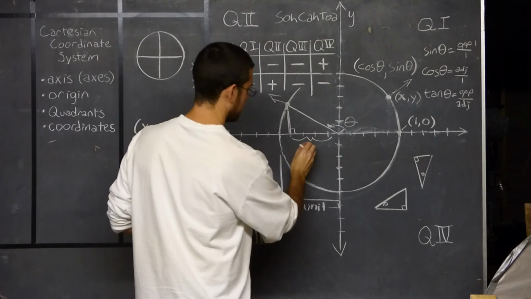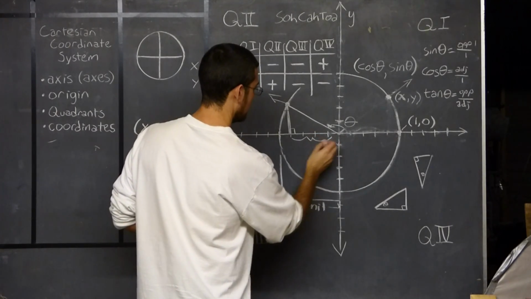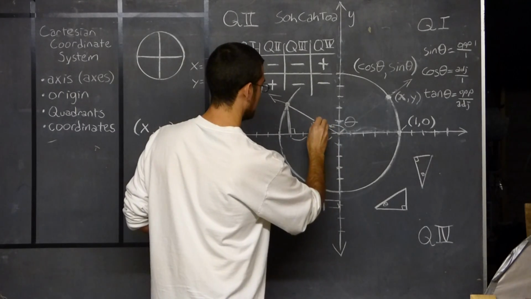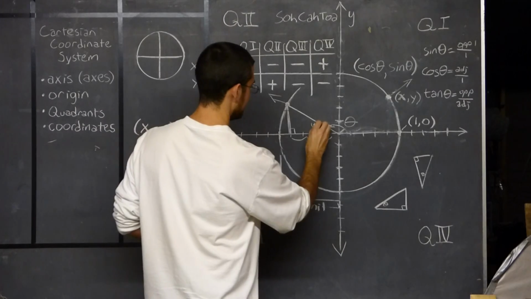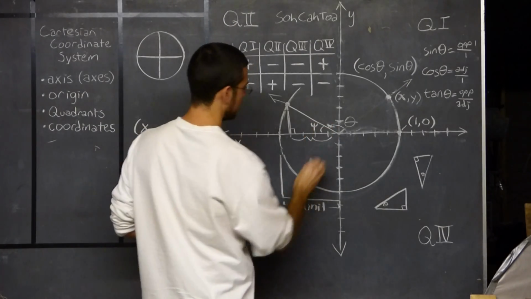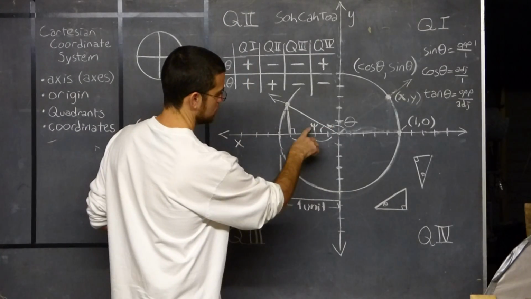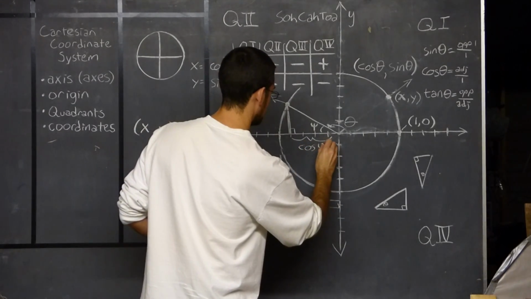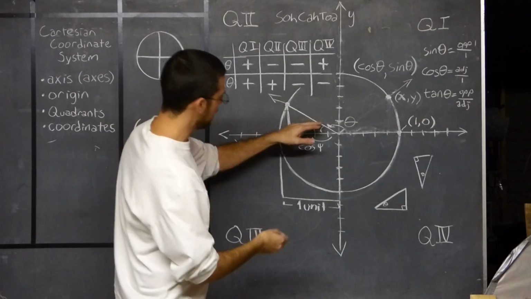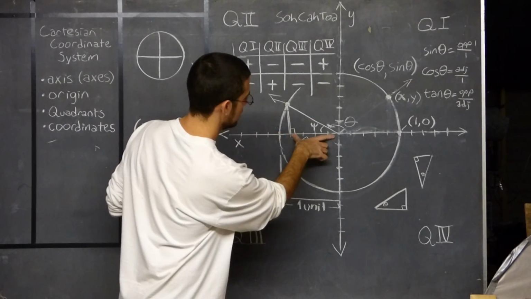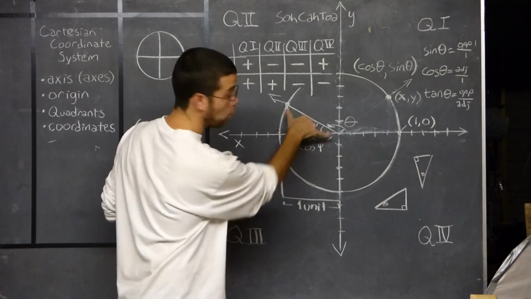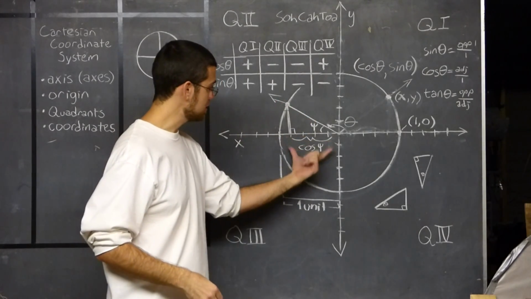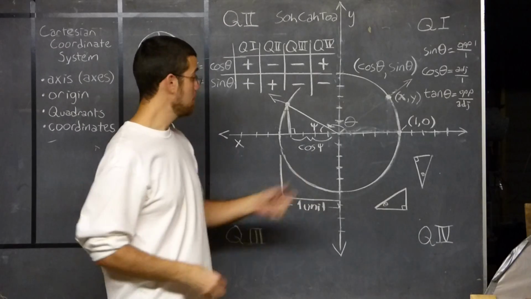Okay? So, this distance is equal to the cosine of this angle over here. We'll call it angle psi. It's another Greek letter. So this angle psi, the cosine of that angle is this adjacent length divided by 1, the unit circle's radius, 1. So that distance is cosine of psi.